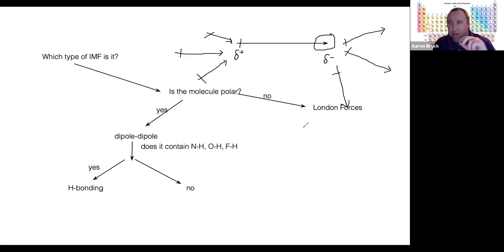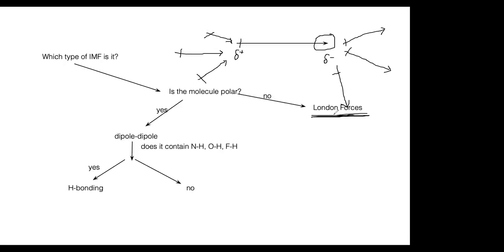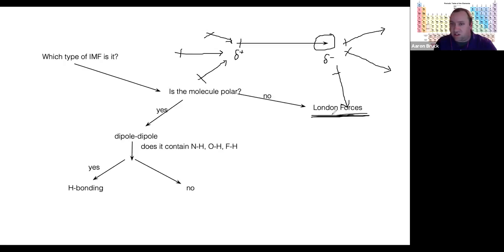Now, where it gets a little bit complicated is that just because something has dipole-dipole forces or even hydrogen bonding, that doesn't mean that London forces are absent. London forces still exist in all molecules. It's just that compared to the magnitude of the forces in polar molecules, we usually don't see them or experience them.